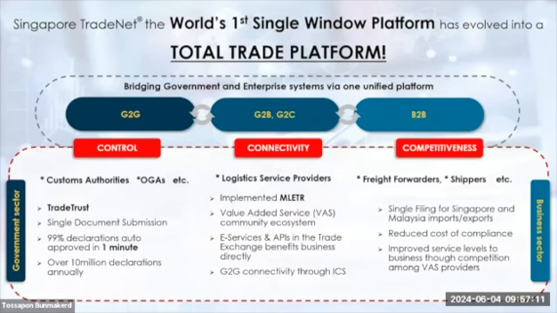Then Singapore also recently implemented the MLETR, where we managed to amend the Electronic Transactions Act to recognize transferable bills of lading.